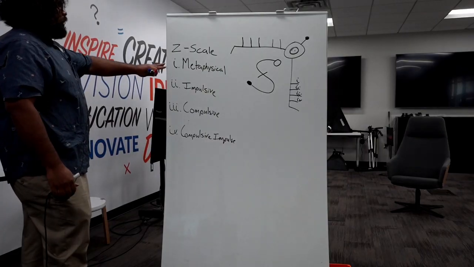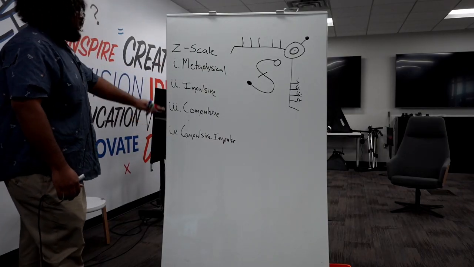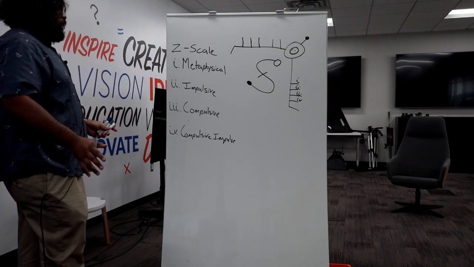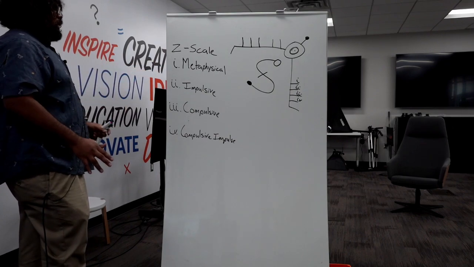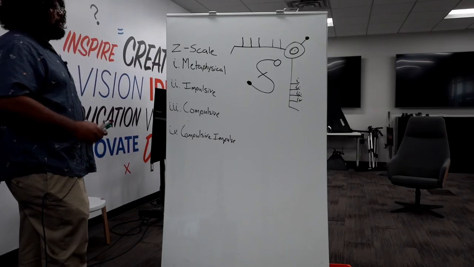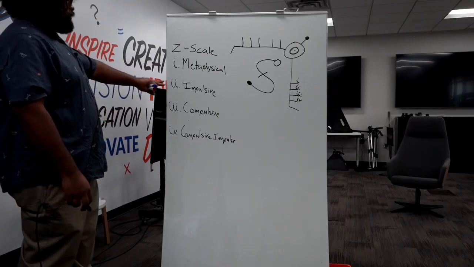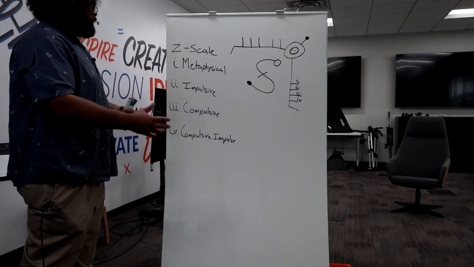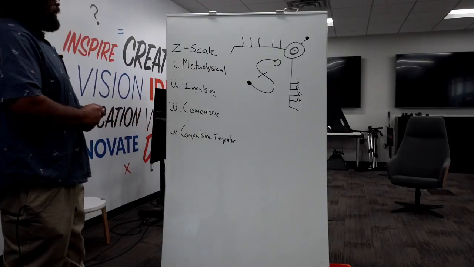So this entire thing represents the quote-unquote normal range, but the optimal operating range is just going to be metaphysical communication. Each one of these are sort of defined by the amount of information that's being processed.